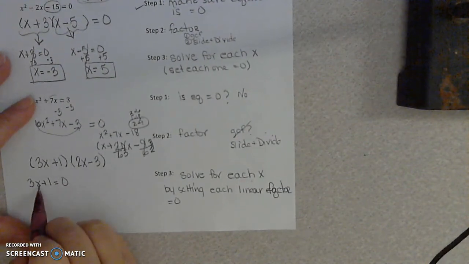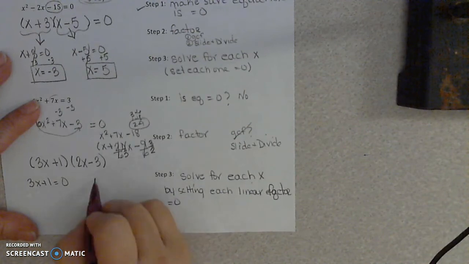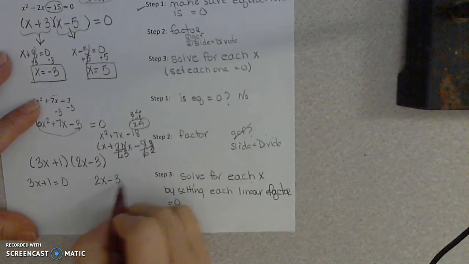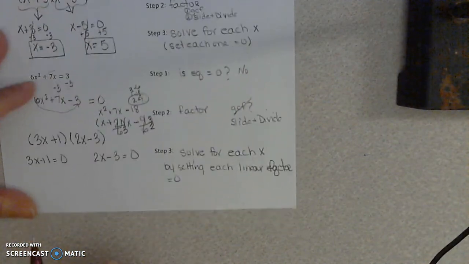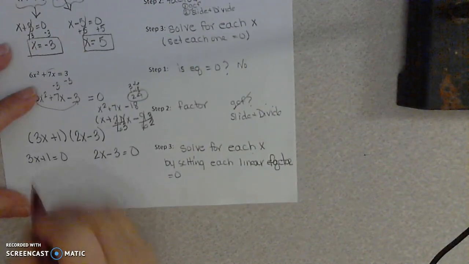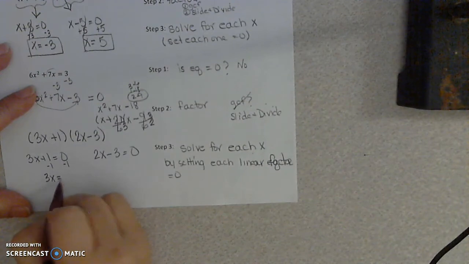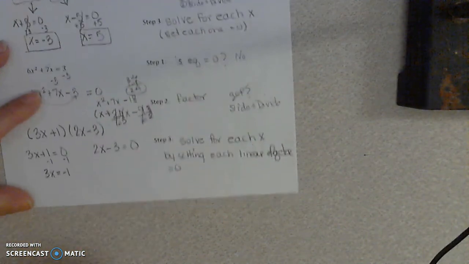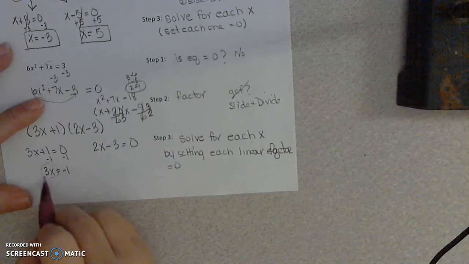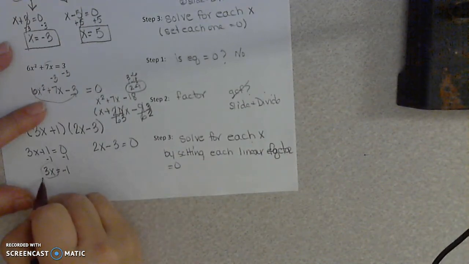I got to figure out what x has to be to make that whole thing 0. Add opposites. So I have 3x equal negative 1. This is multiplication. So to undo that, we use that multiplication property.